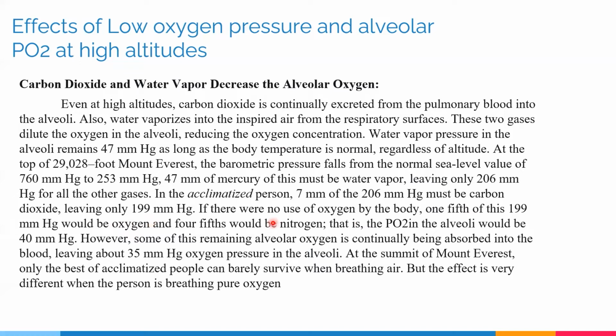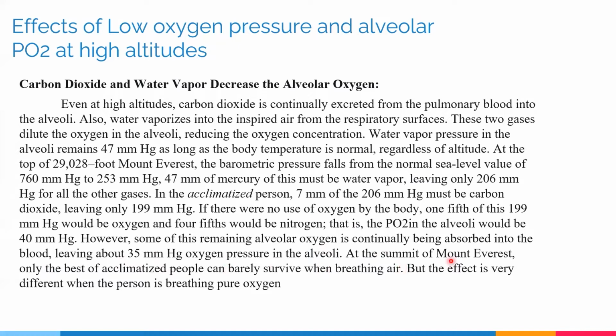If there were no use of oxygen by the body, 1/5 of this 199 millimeters of mercury would be oxygen and 4/5 will be nitrogen. That is, the PO2 in alveoli would be around 40 millimeters of mercury. However, some of this remaining alveolar oxygen is continually being absorbed into the blood, and this leaves only 35 millimeters of mercury oxygen pressure in the alveoli.